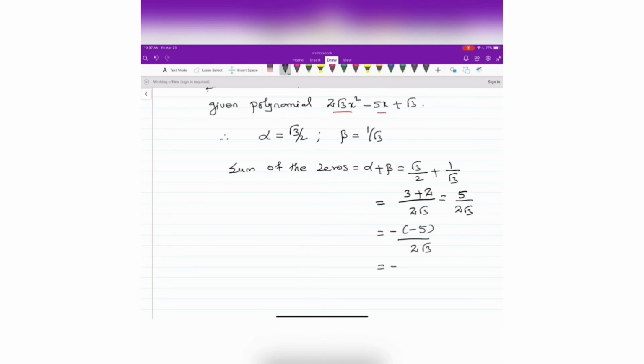Okay. So, minus, what is minus 5? If you see in the given quadratic polynomial, minus 5 is the coefficient of x and 2 root 3 is the coefficient of x square. So, I can write here coefficient of x by coefficient of x square.